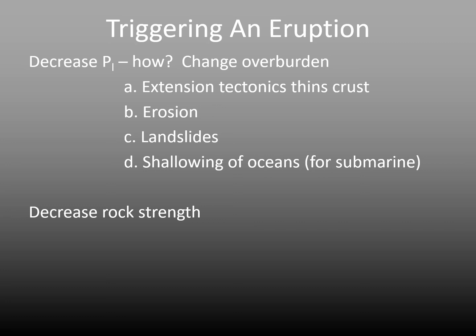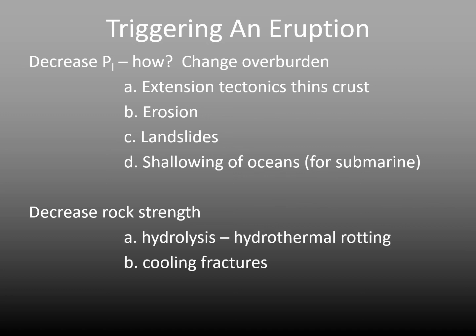If you have magma that has excess pressure over lithostatic, but the rock is too strong, sometimes what can happen is that gases that are released from that magma slowly over time can sort of corrode or rot the overlying rock. You can form hydrothermal systems over magma chambers that make the rock super weak.